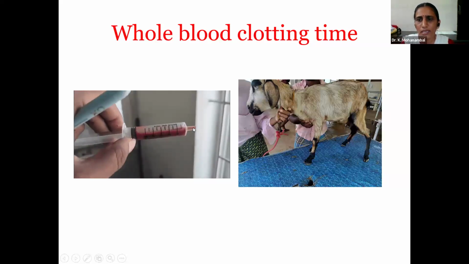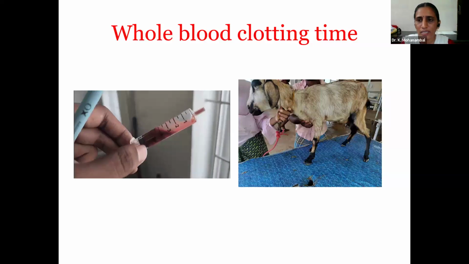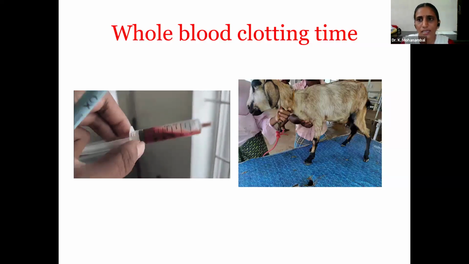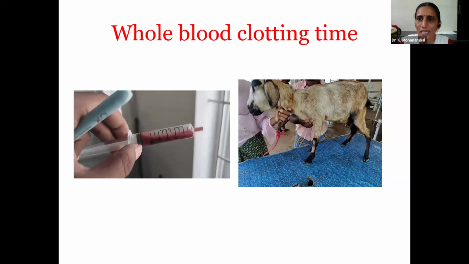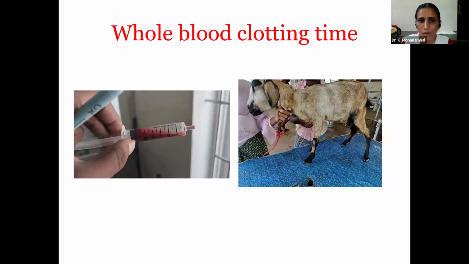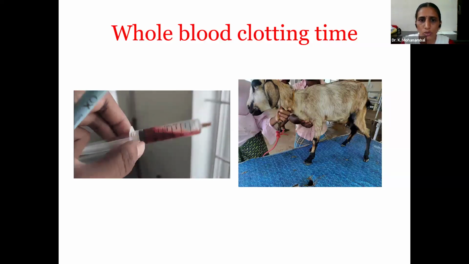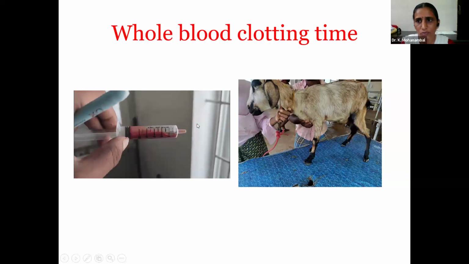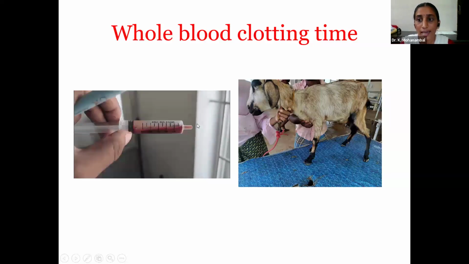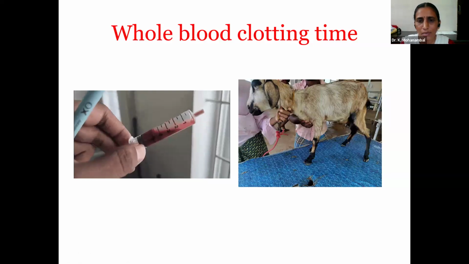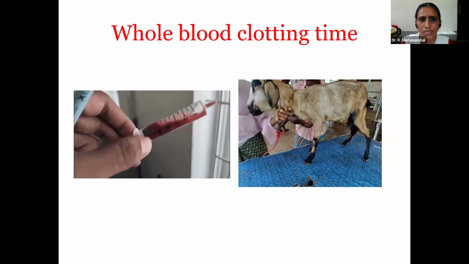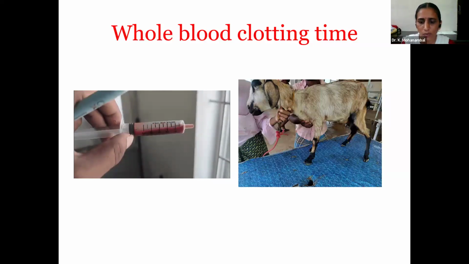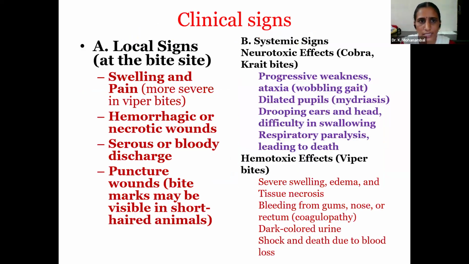That prevents the entry of air inside, so there may be a delay in the normal clotting time. Those should be avoided. Always leave a gap in the hub for the entry of air. If air does not enter, there may be improper blood clotting, which should be avoided when doing whole blood clotting time.